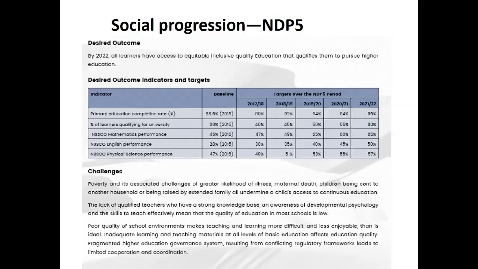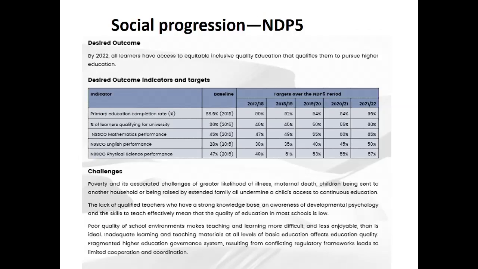What the report on this Sustainable Development Goal is saying also resonates with what our NDP 5 is saying, because in NDP 5 we have a theme on social progression. You need to read these documents, because these are the documents that tell the direction the country wants.